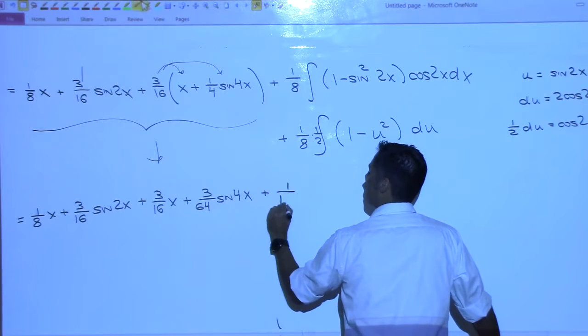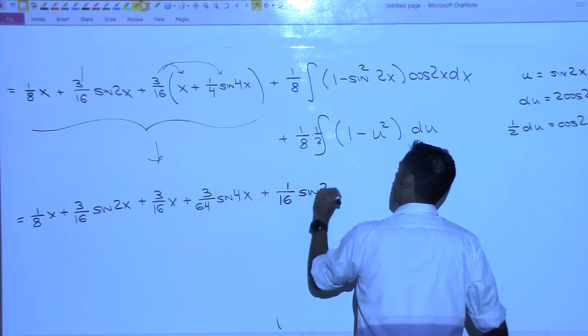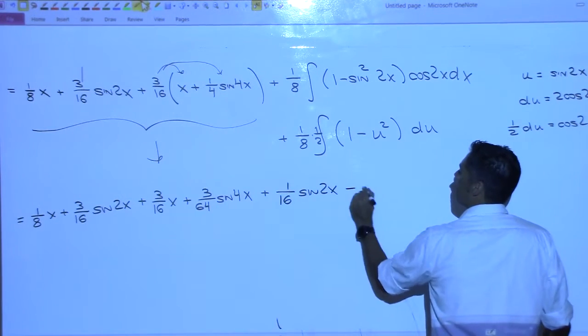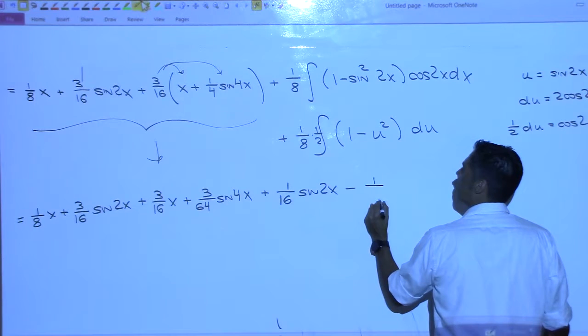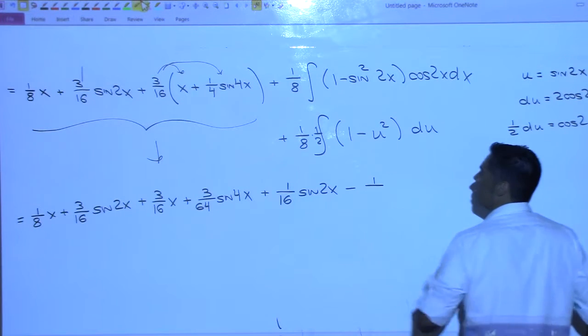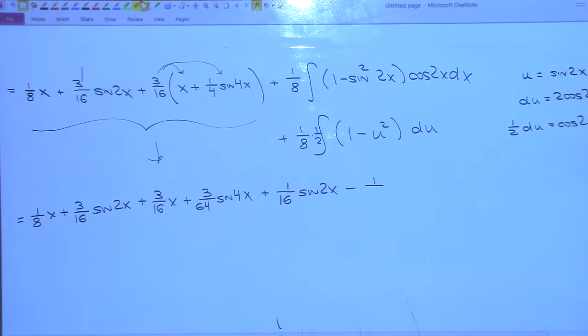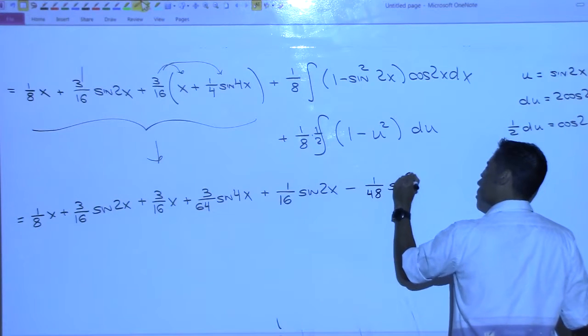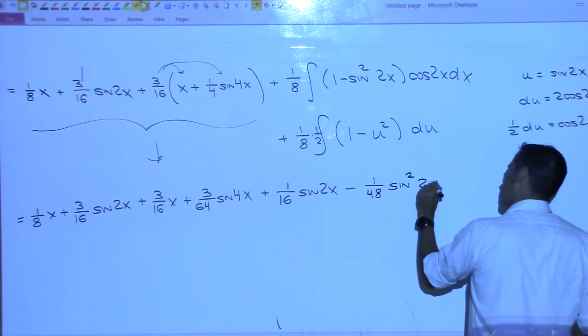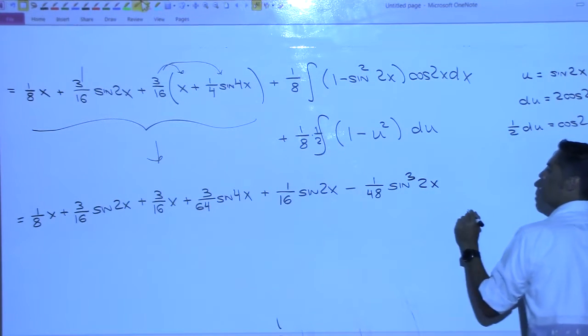So it's 1/16 sine 2x, right? Minus 1/16 times 1/3 sine cubed 2x. It was 1/3, right? So then it's 1/48 sine cubed 2x. Plus c.